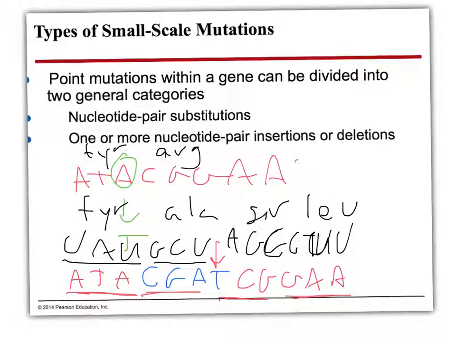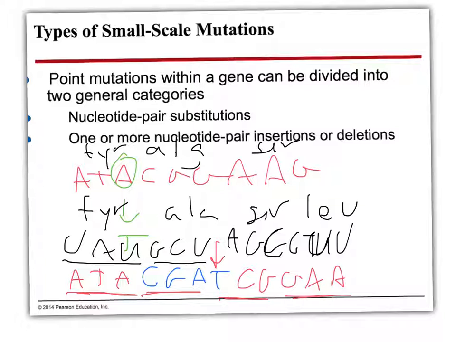Wouldn't the second one be GCC? Yes, you are right. So this second one is GCC, alanine, right? I'm reading DNA over here. Alanine. And then UUC. What's UUC? Serine. All right? Different.